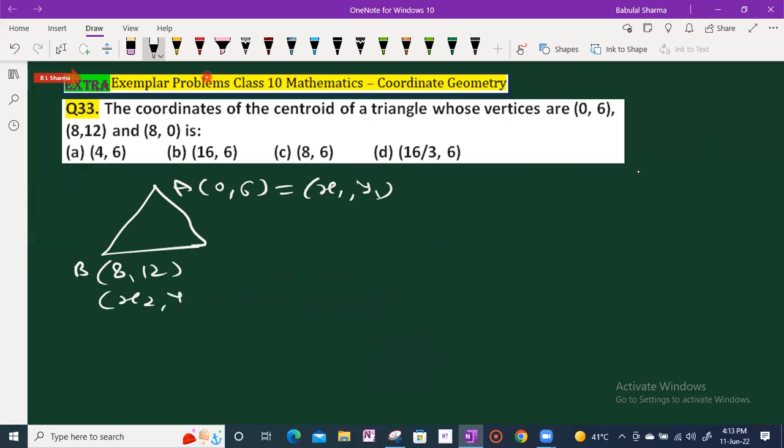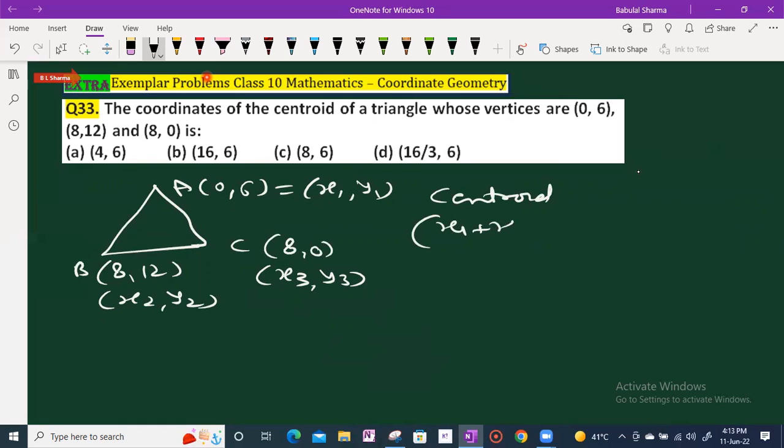You can say x2, y2. And point C, 8, 0, and here you can say x3, y3. And coordinates of centroid are given by x1 plus x2 plus x3 by 3, that is x coordinate, and y1 plus y2 plus y3 upon 3, that is y coordinate.